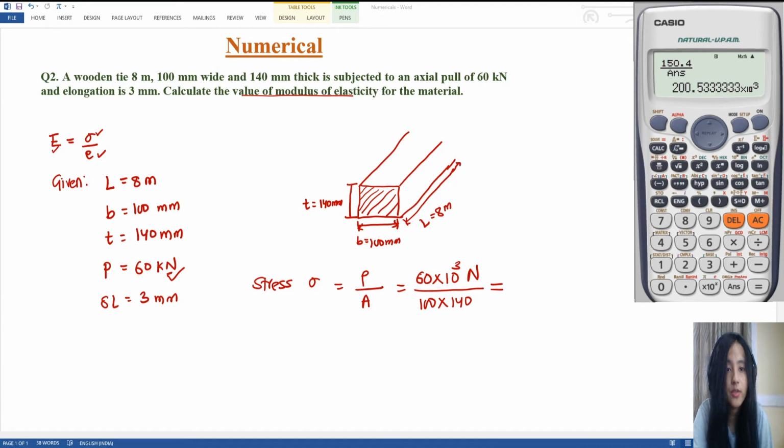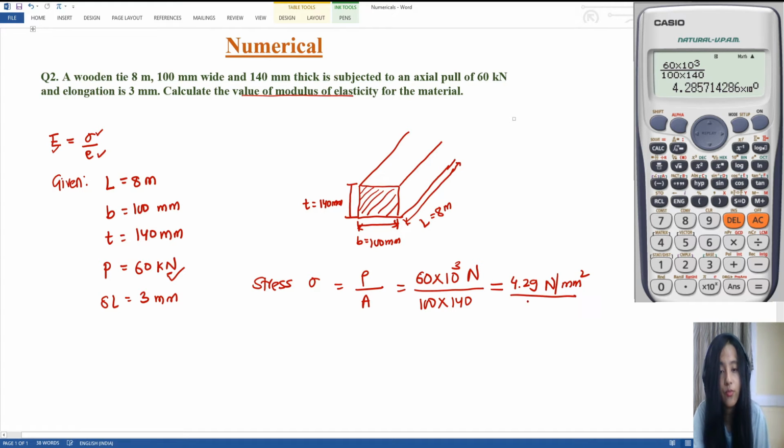Let me do it in the calculator. 60 into 10 raised to power 3 divided by 100 into 140. So this is coming 4.285, so it will be 4.29, and what will be its unit? Newton per mm square.